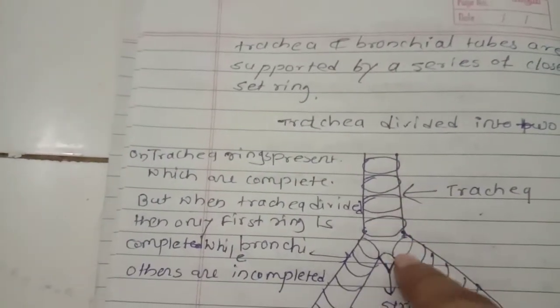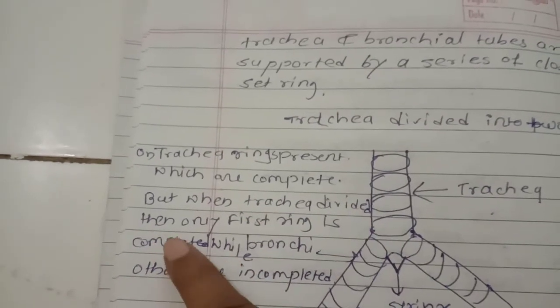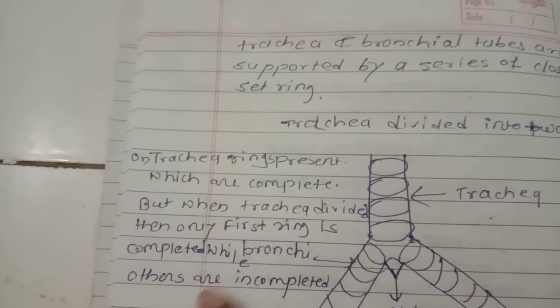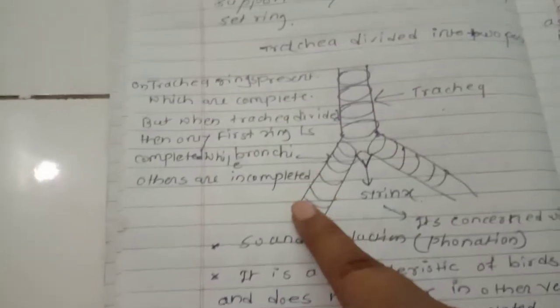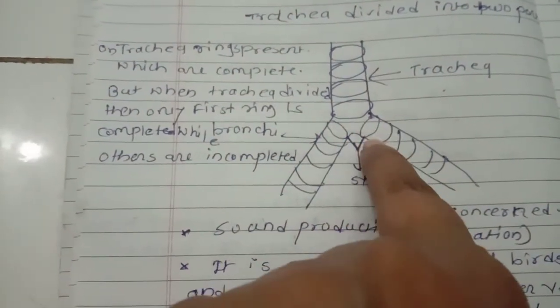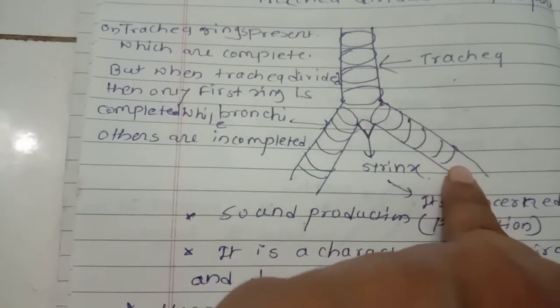What will the rings on the trachea be? Complete. But when the trachea divides into two branches, which are called bronchi, only the first ring is complete while the others are incomplete.